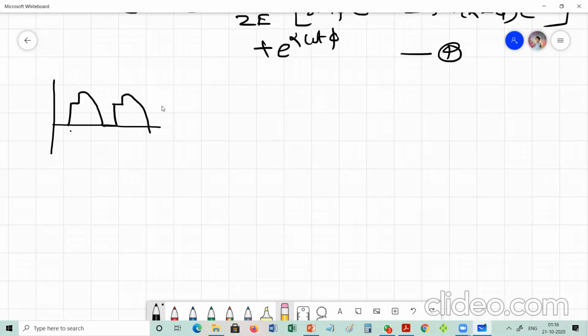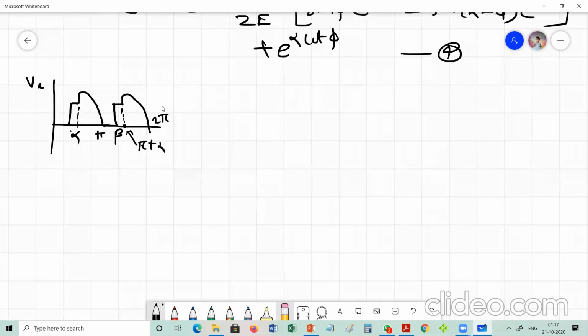This point is alpha, when the switch is fired. This is pi. Then this is beta. Again, this point is pi plus alpha. This point is 2 pi. So this is the voltage waveform Va.